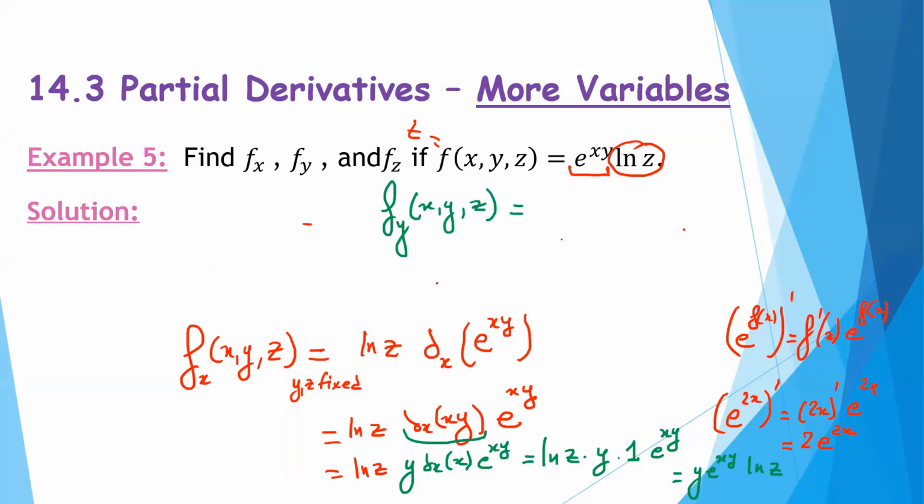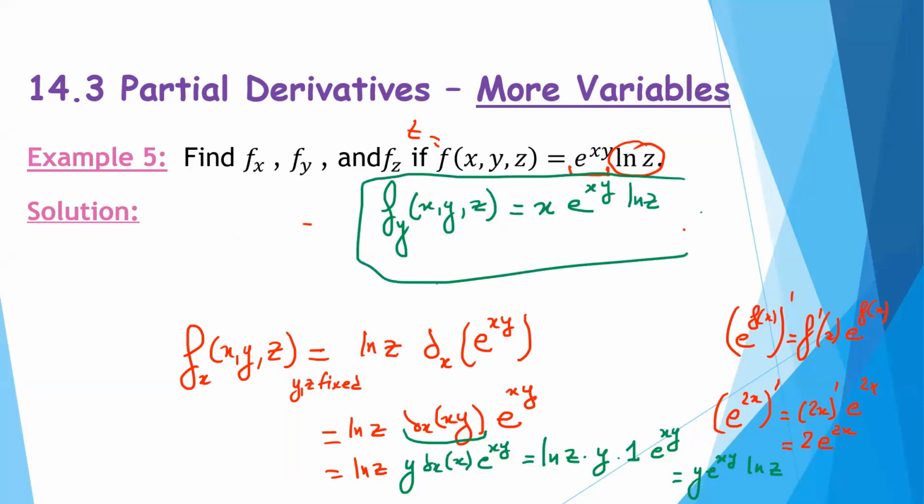Just when you have y, you replace it by x, and x by y. It's not exactly the same, but they are playing symmetric roles. It's as if x became y and y became x.